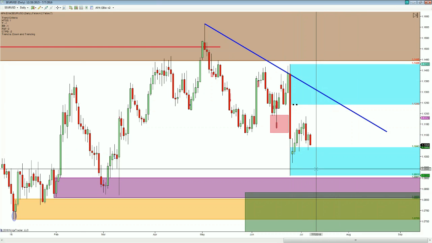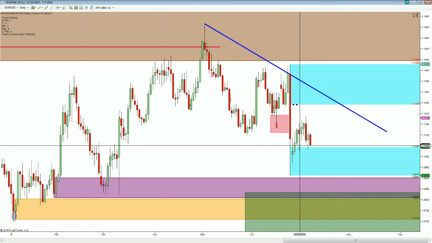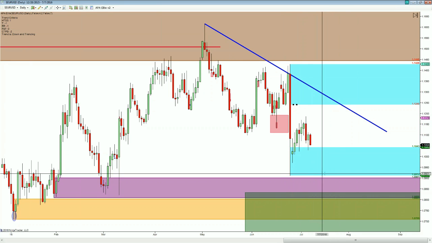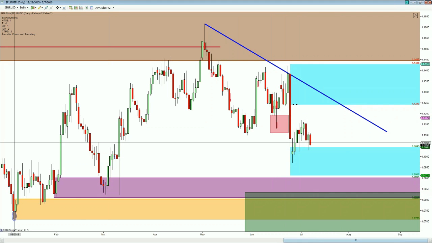So I'm looking for support to break in the direction of trend, and possibly for us to form a new low on this market in the coming week. Okay, so again, in the direction of the overall trend here.